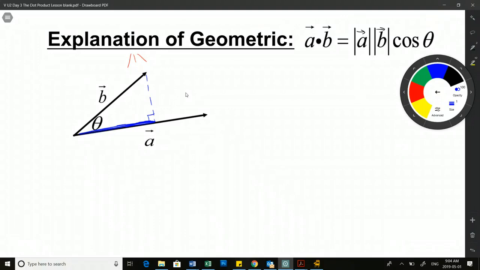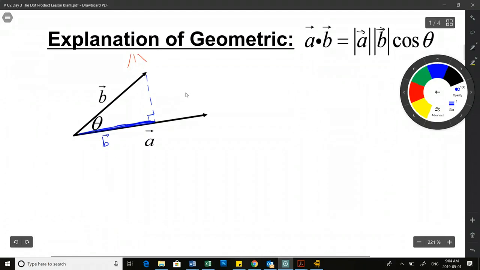The overcast shadow is usually referred to as the projection of B onto A. It's almost like the shadow of B onto A. Sometimes we call this the B component that goes in the direction of A. And I'm interested in how this blue part of the vector and vector A are strengthening one another as far as their scalar multiplication.